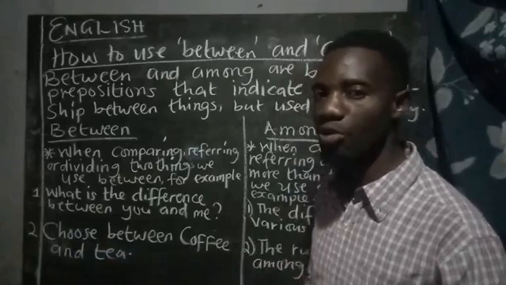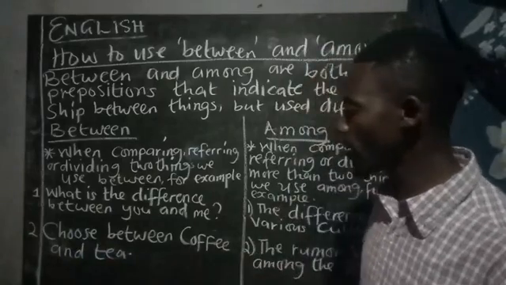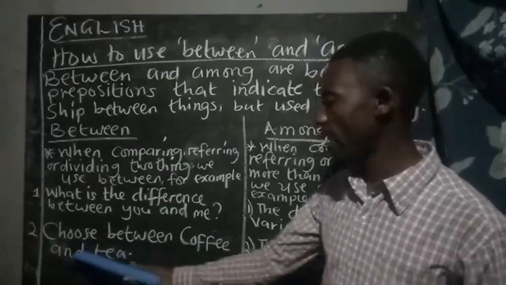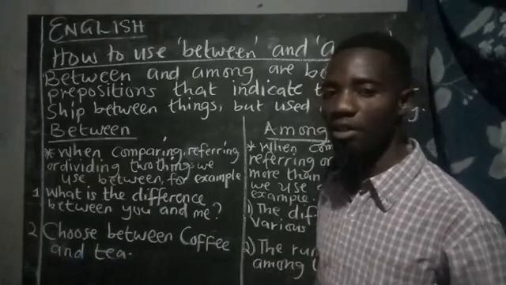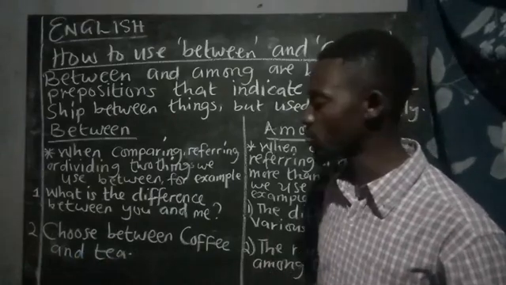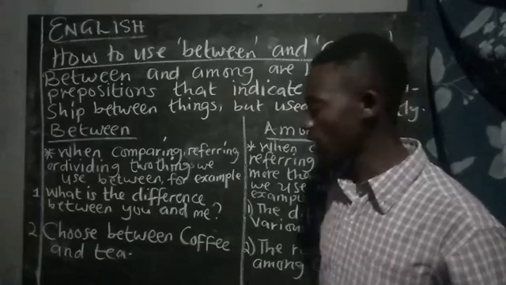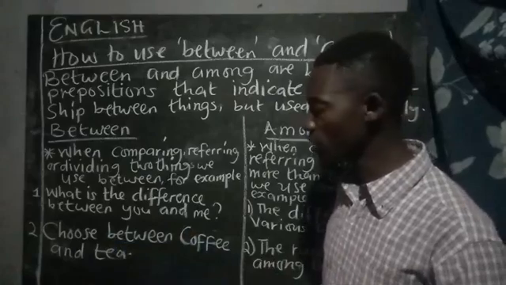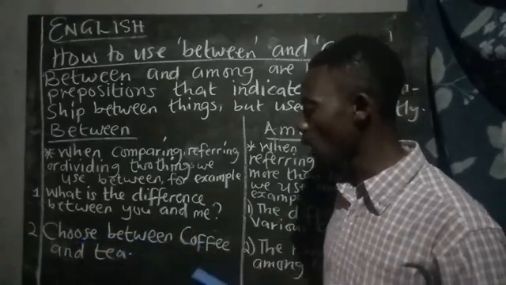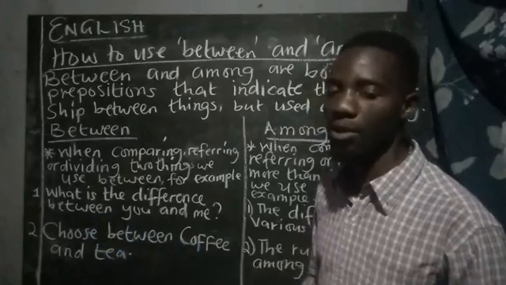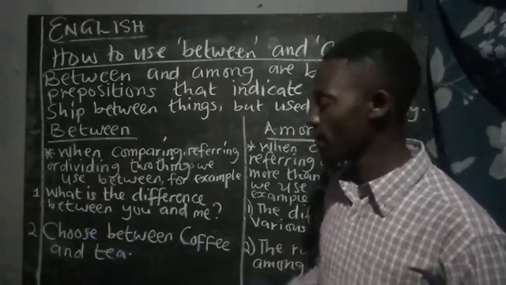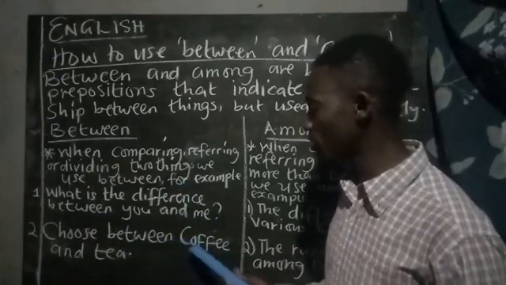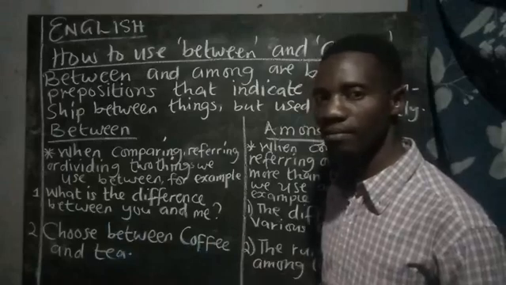Here there are two options, coffee and tea. So if a person is supposed to choose between the two, then that person has to use the word between. You cannot say choose among coffee and tea. No, that is wrong. Between is used when comparing, referring, or dividing two things.